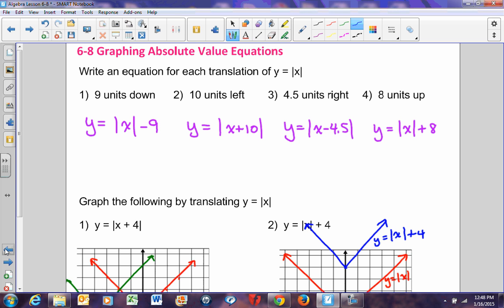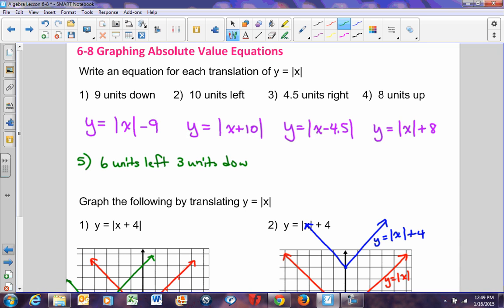Let's go back to writing equations for translating y equals the absolute value of x. What happens if we decide we want to translate both horizontally and vertically? Let's just have a little guided problem here. Let's say I want to add a problem 5 right here. We'll want to go 6 units left and 3 units down.